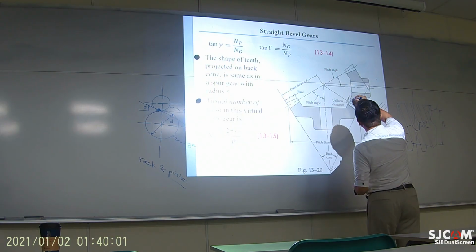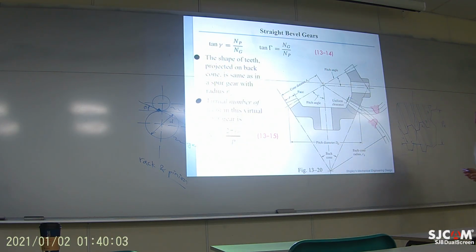This is where the teeth are mating with each other, and the teeth have been built along a cone shape. How can you use whatever gear equations you had earlier? Right here, there is a virtual gear for the purpose of calculation.